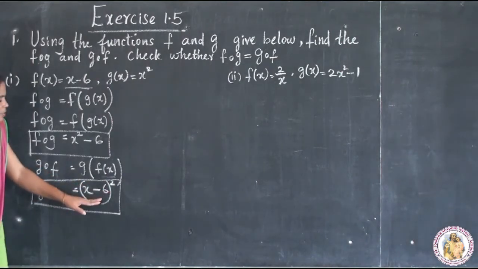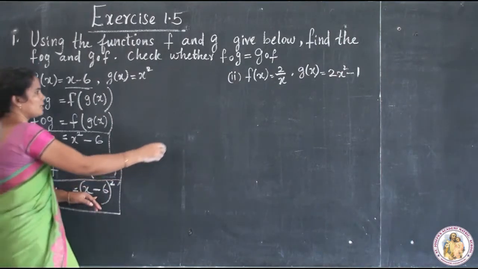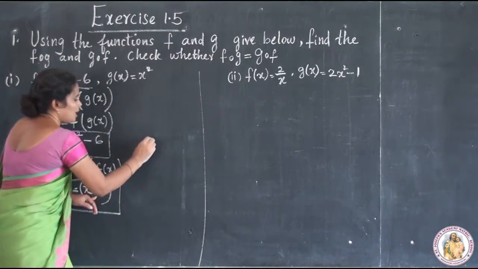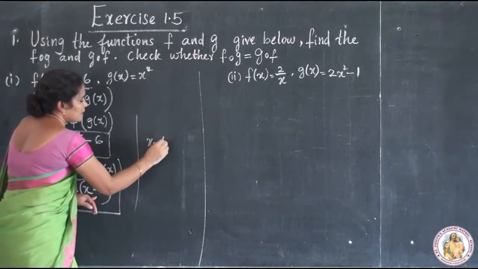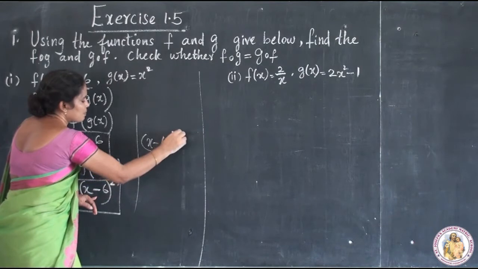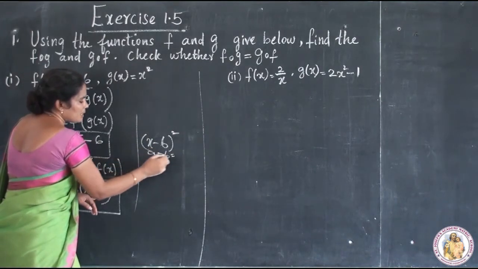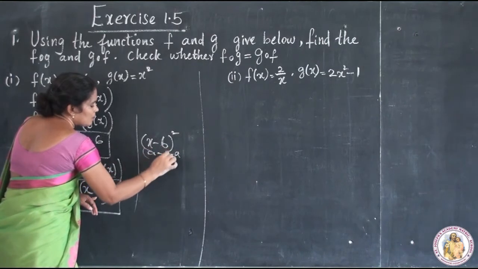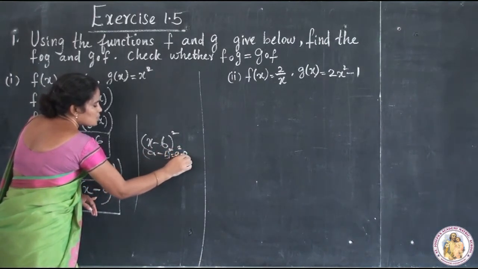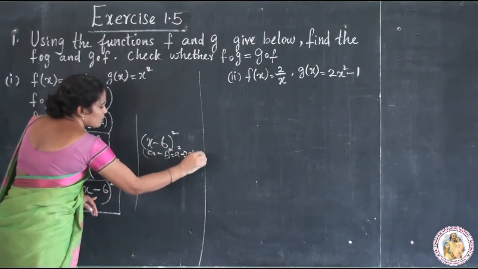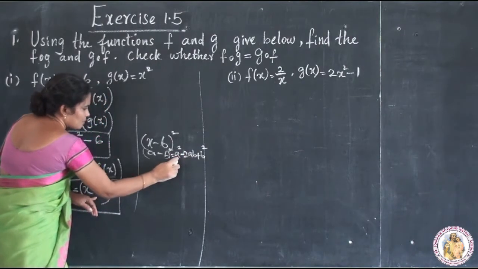X minus 6 whole square is nothing but a minus b whole square. What is a minus b whole square? A minus b whole square is equal to a square minus 2ab plus b square. What is a?